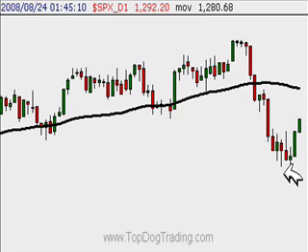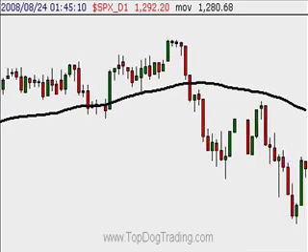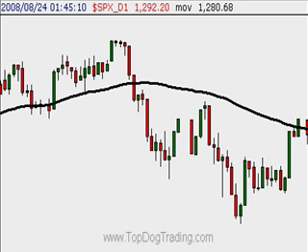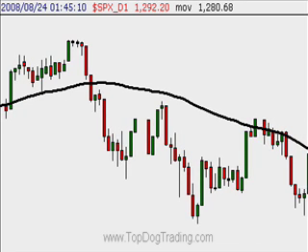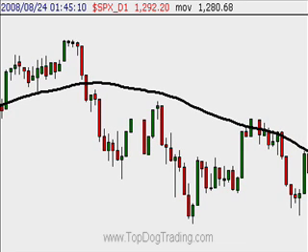Now we break down below the 50 MA. The 50 MA starts angling down. And again, we find that the downside is where the market is really starting to go. And so if you want to choose a direction, you want to be short.